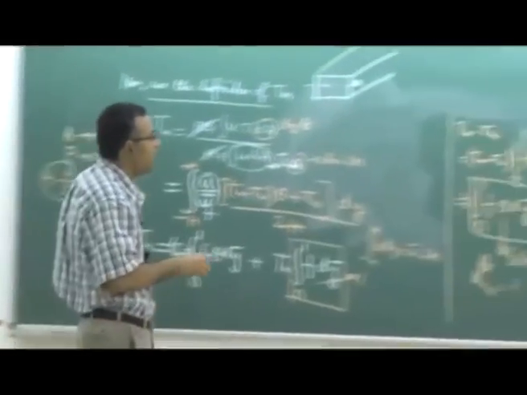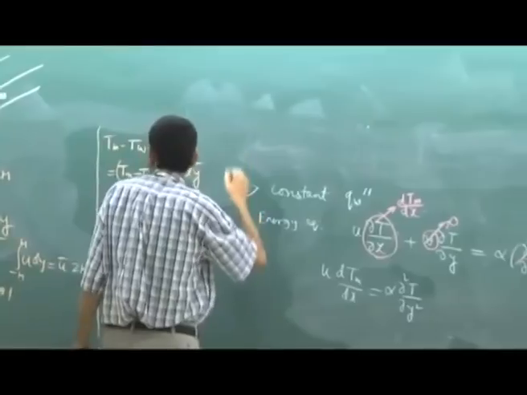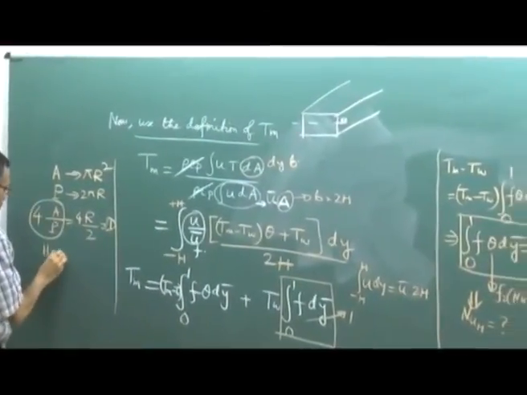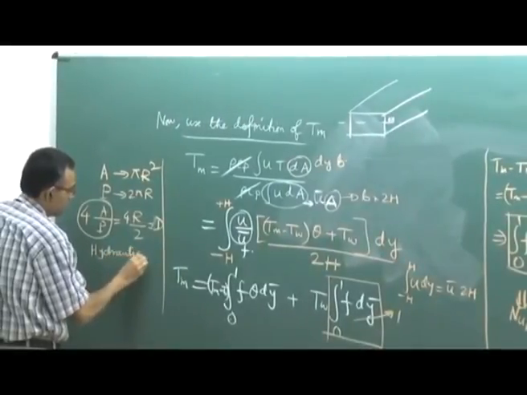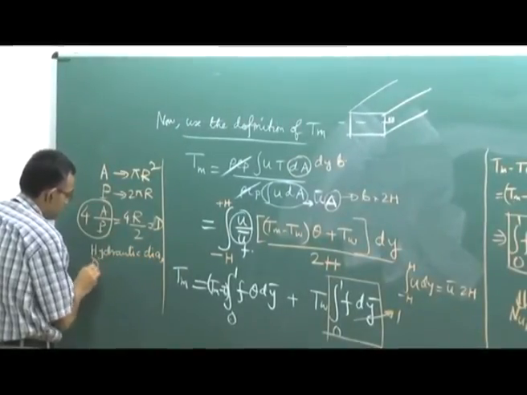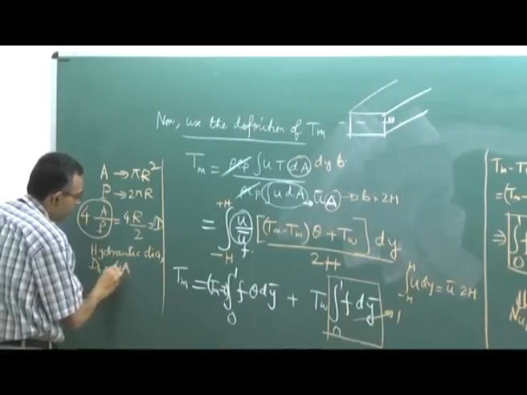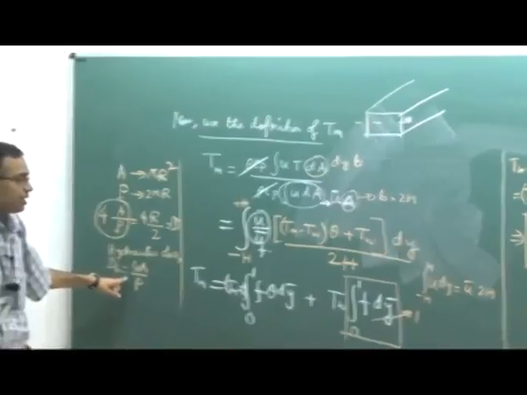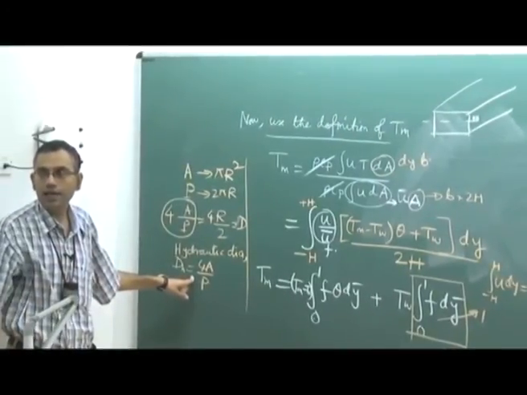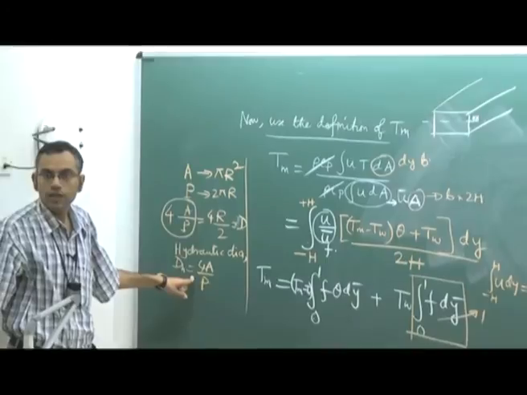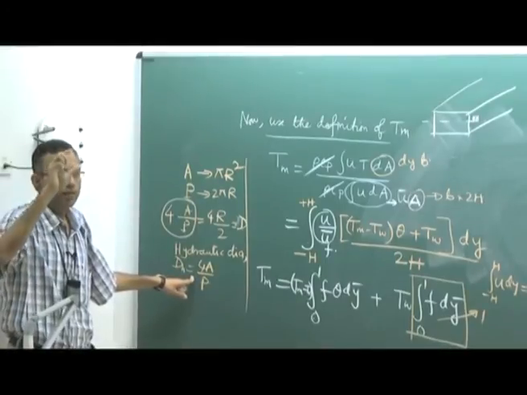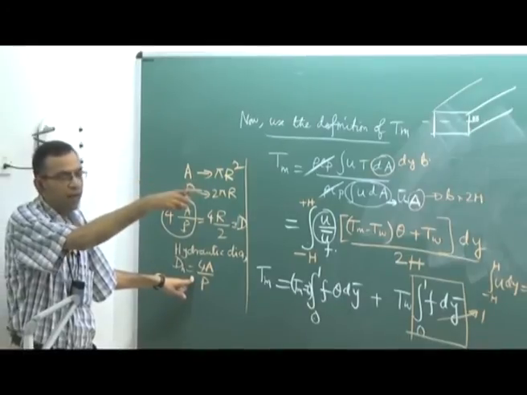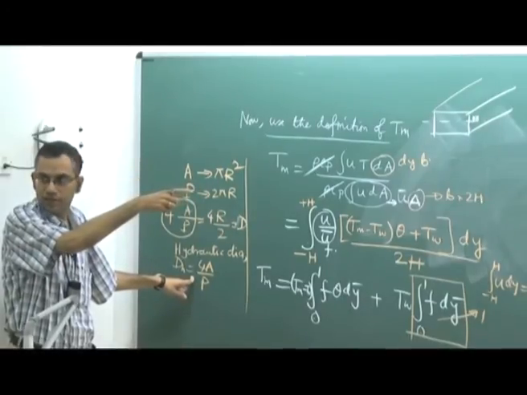So the hydraulic diameter is 4 into area by perimeter. What will be the hydraulic diameter for a parallel plate channel? The half height is h. Area by perimeter we have already calculated; that was h.